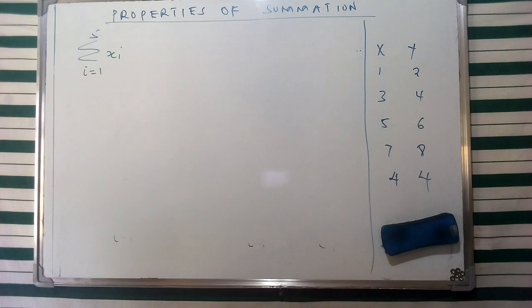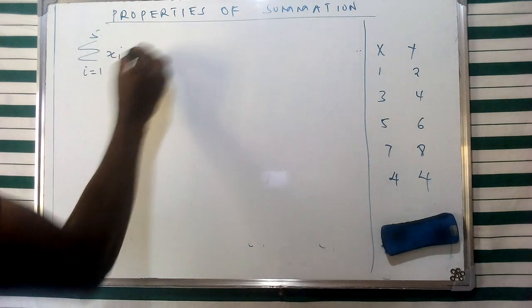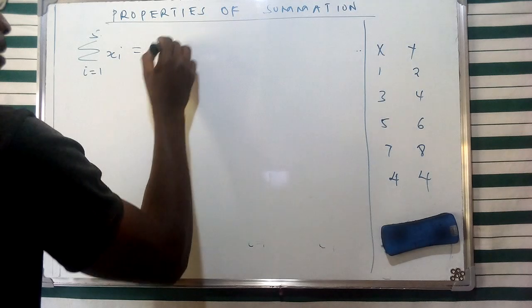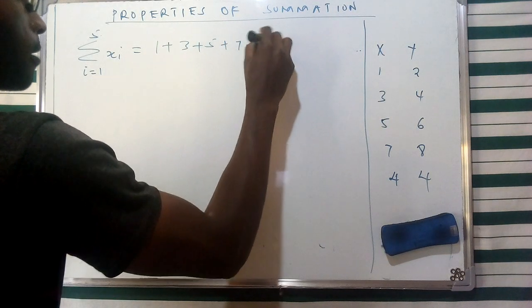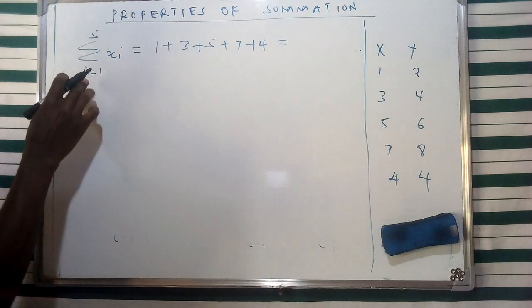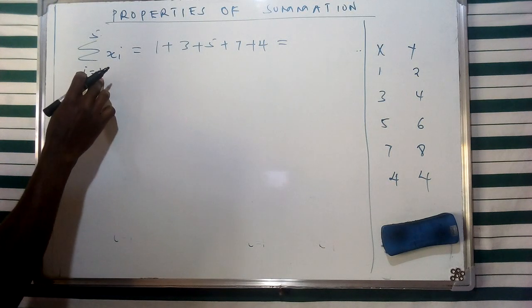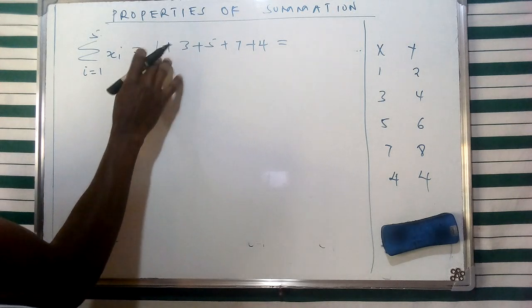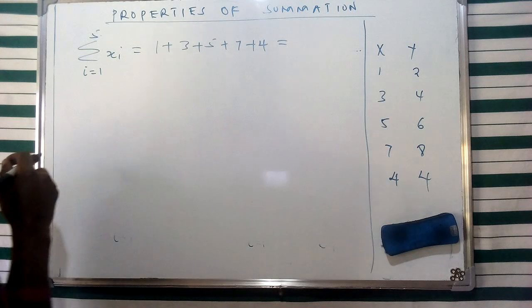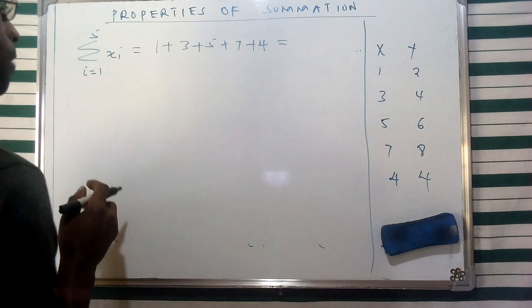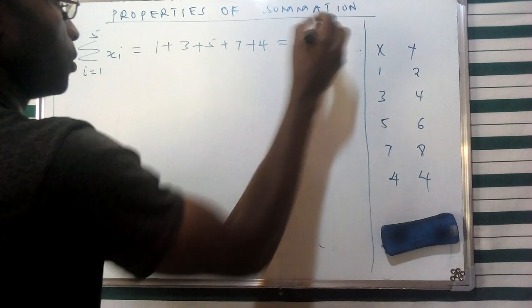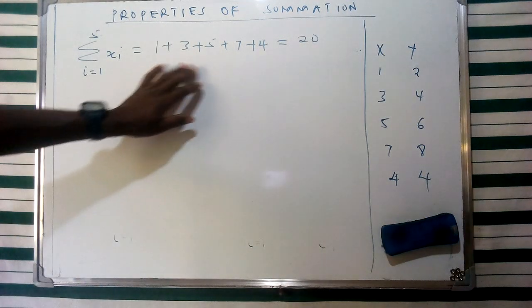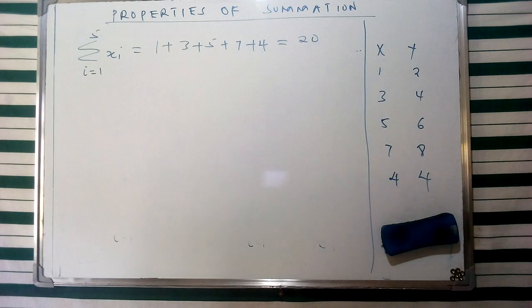In order to evaluate this summation, it's going to be the sum of 1 plus 3 plus 5 plus 7 plus 4. So we have added all the values ranging from i = 1 to 5, which is 1, 2, 3, 4, 5, so these are unique observations up to the fifth one. The sum of this is going to be 9, 16, which is basically 20. I hope my evaluation is correct. So this is 9, 16. Okay, that's correct. So this is how we're going to do the evaluation.